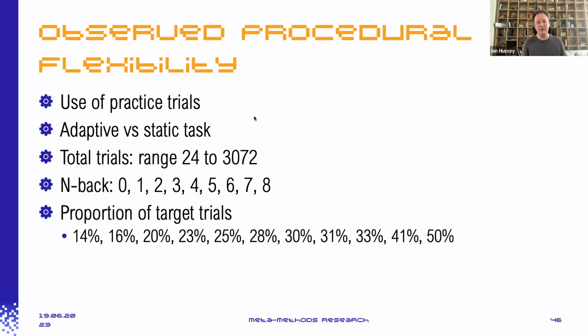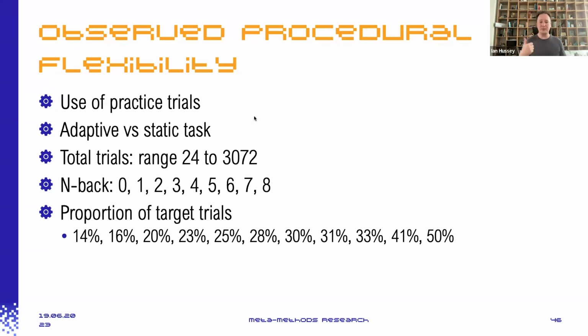Some provide an adaptive versus a static task where you have to reach criterion to move on to a more difficult stage. The number of total trials ranges really substantially between as small as 24 and as large as above 3,000. The number of N-backs, as in the number of trials on each task that you have to respond on the basis of, ranges from 0 to 8, including multiples.